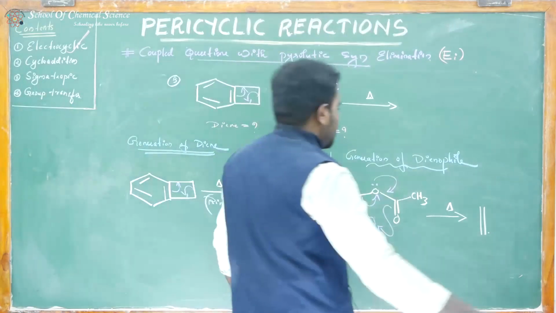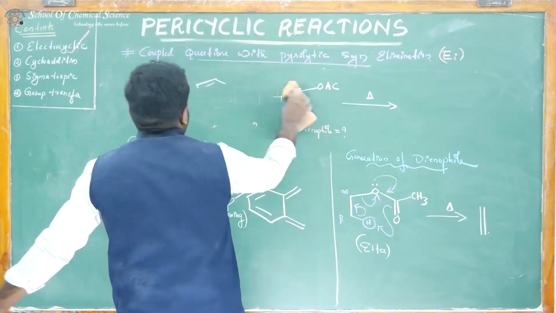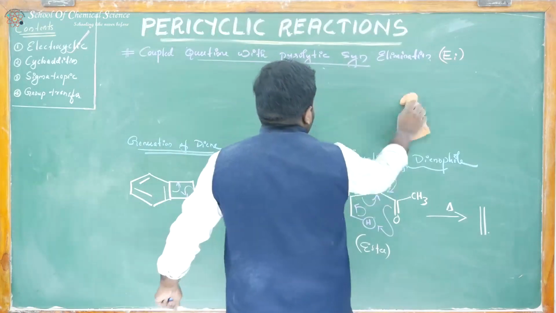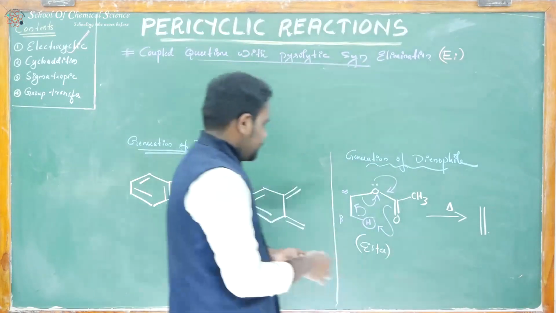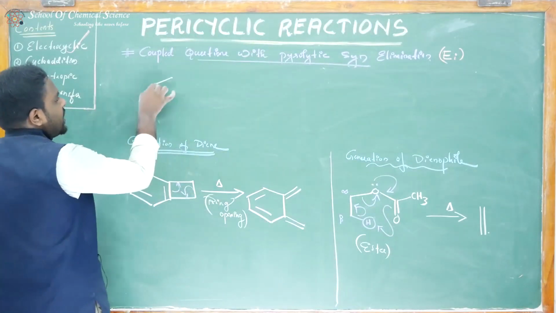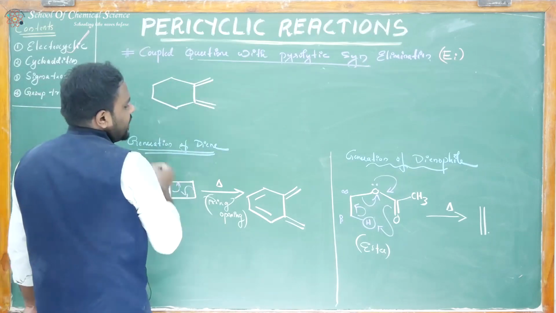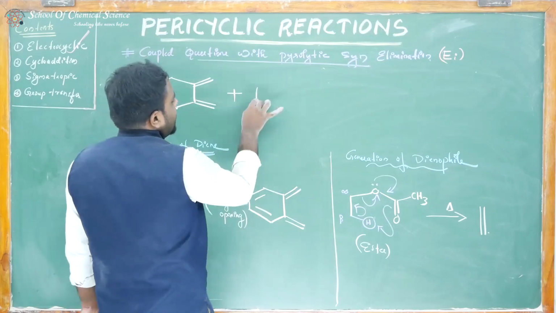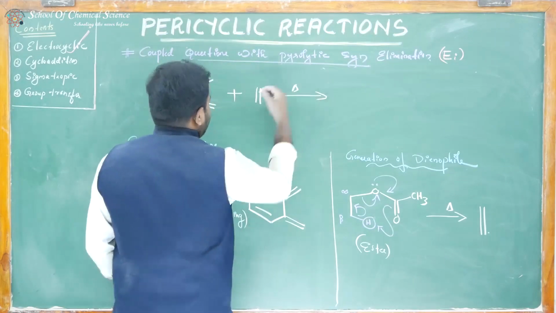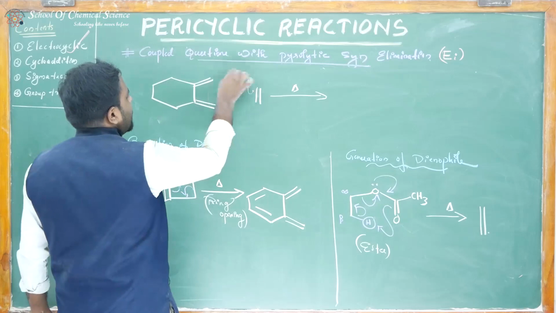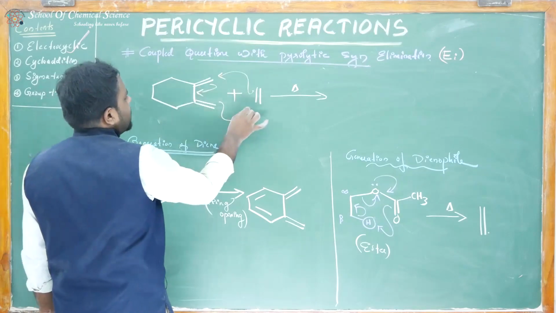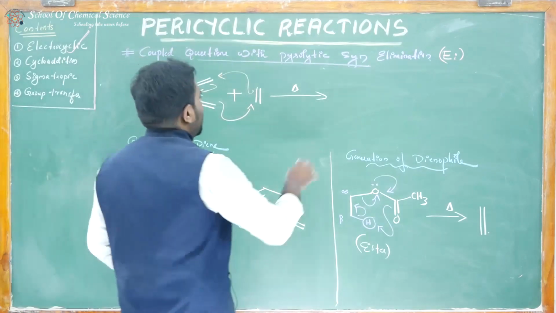Then easy reaction. How can you write the product? That is my question. Diene is there plus dienophile is there. Under thermal condition, simply a 4+2 cycloaddition reaction.